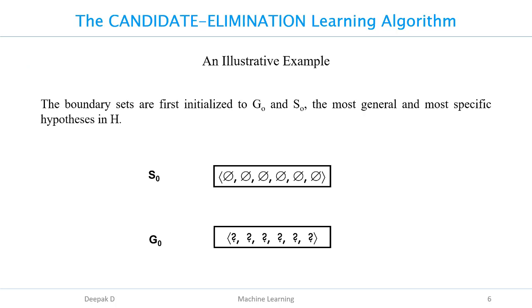Already we have seen in the algorithm that the first two steps are to initialize the boundary sets, that is G0 and S0, which means the most general hypothesis and the most specific hypothesis in H. So this is your S0 and G0, which tells you that this is your most specific hypothesis and this is your most general hypothesis.